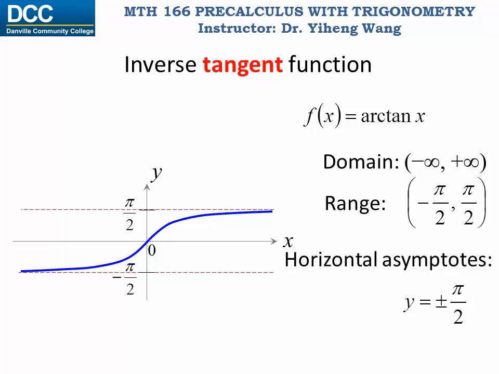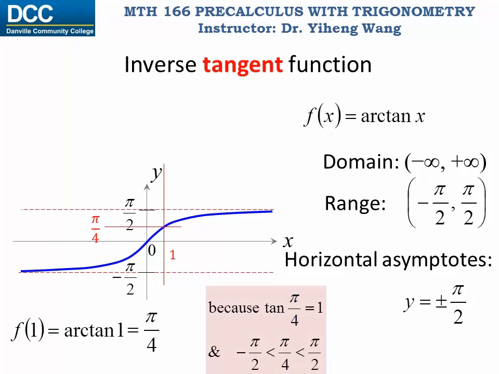And we can also use this graph to evaluate, say, f(1), which means that we want to find the value for arctangent 1. From the graph, we can read that f(1) equals 1/4 pi. Again, this is not only because tangent 1/4 pi equals 1, but also because 1/4 pi is between -1/2 pi and +1/2 pi. Once again, the two conditions must be satisfied simultaneously.